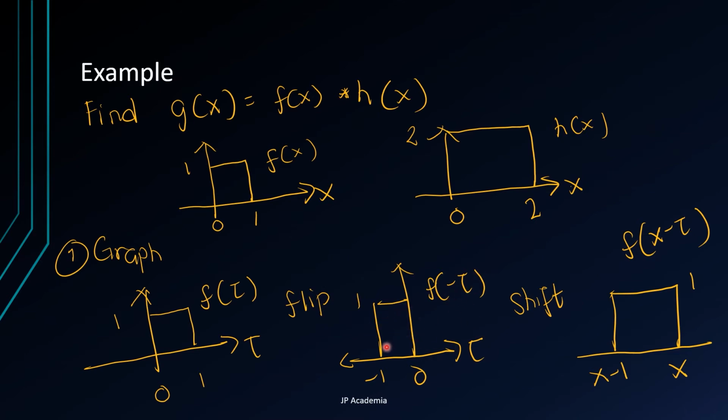So mag-reflect lang siya as you can see, or mag-flip lang siya relative to this vertical axis. Then, isi-shift mo siya by a certain constant, by a certain x. So this x, mangyayari lang, yung 0 mo rito ay magiging x. Then yung negative 1 ay magiging x minus 1 after natin i-apply itong shifting na to.